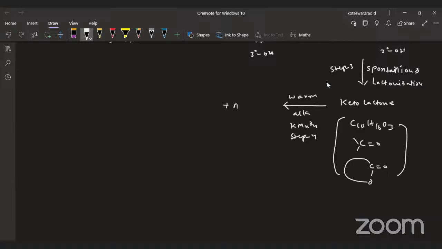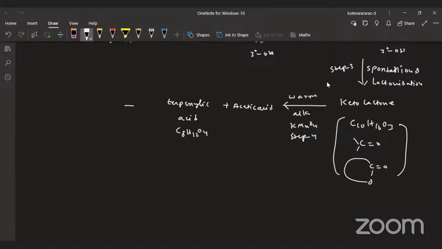One is acetic acid, and another one is terpenoic acid. The terpenoic acid molecular formula is C8H12O4.